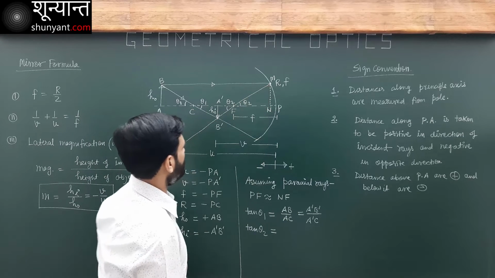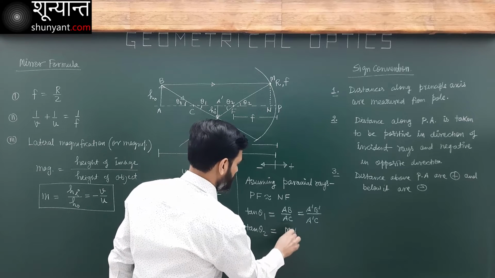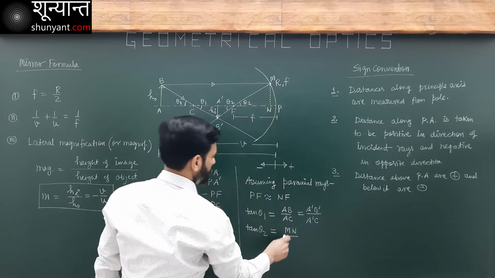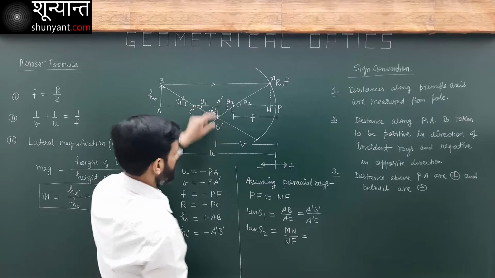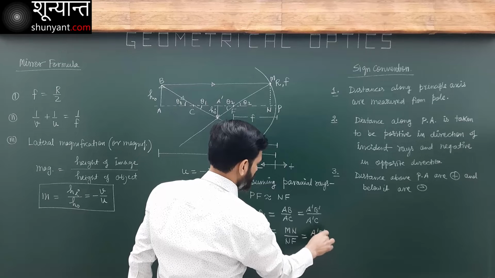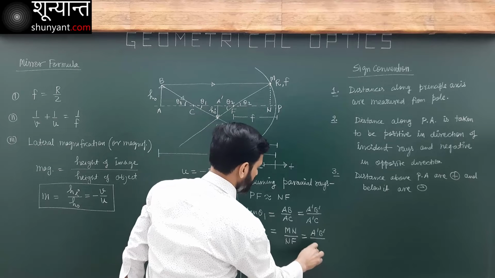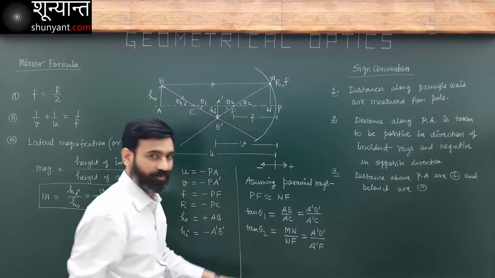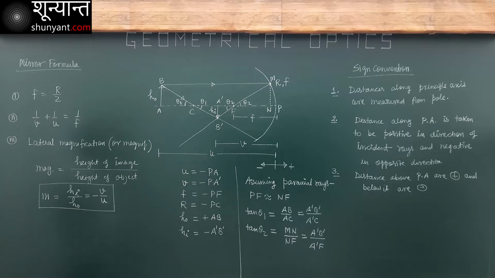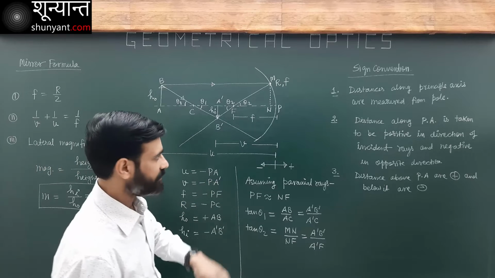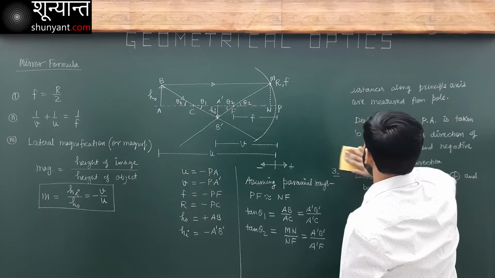This is MN over NF, and it is going to be equal to A dash B dash over A dash F. What we are doing? We are trying to derive this mirror formula. Makes sense? Note it down. I'm going to clean it now.